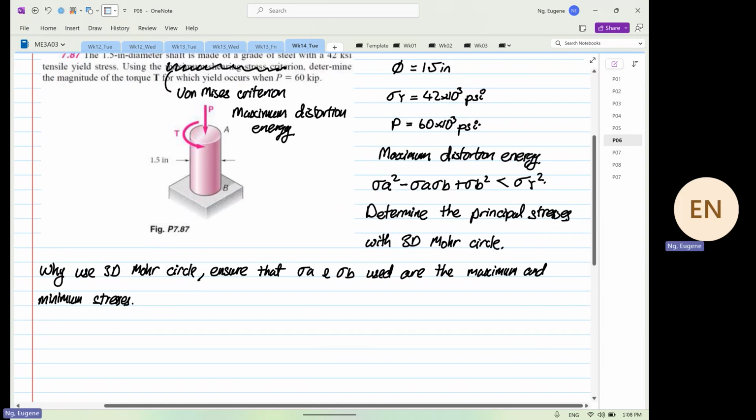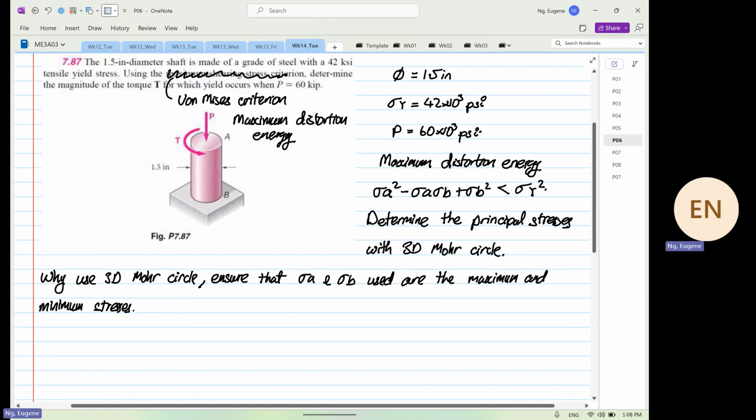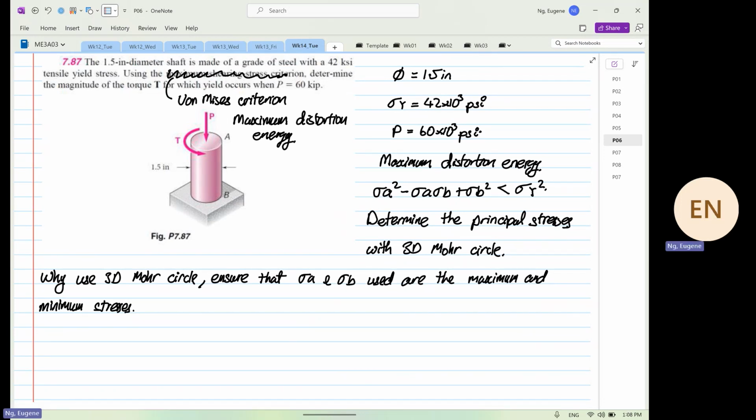So if we were to now sketch, if I have to draw a transformation, X, Y, and this is our Z. We have to do failure analysis first. But the failure analysis is very straightforward.